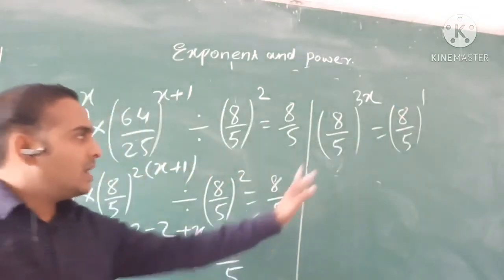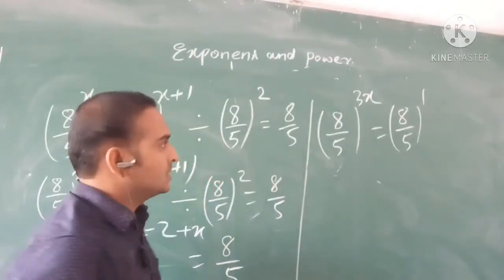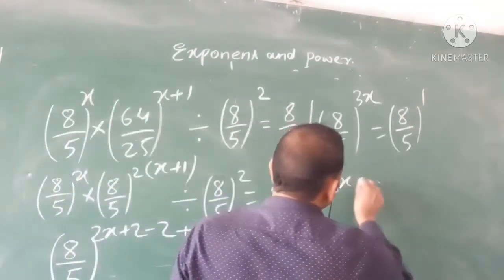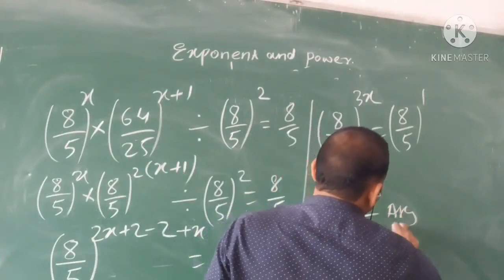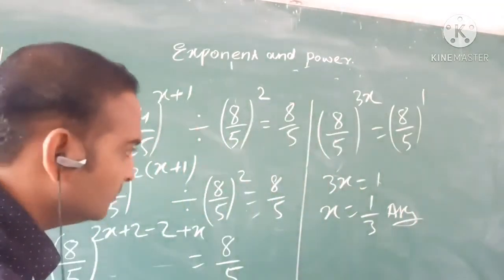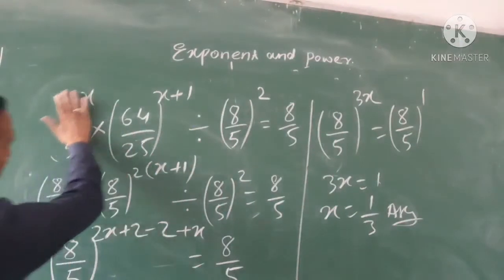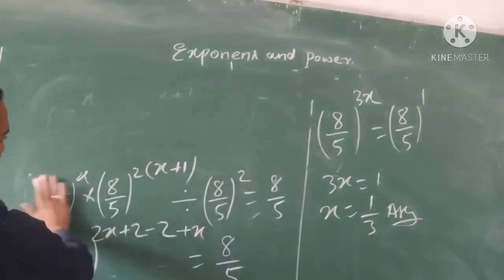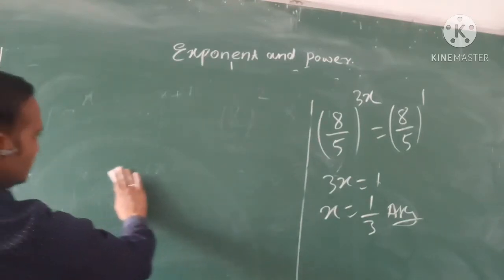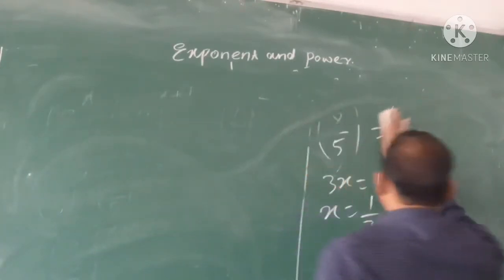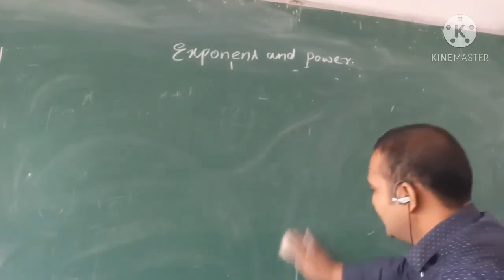Again we have equal bases, so powers must be same, and x equals 1 by 3. Is it clear now? Then after solving these problems, what we come to know, we will write this.